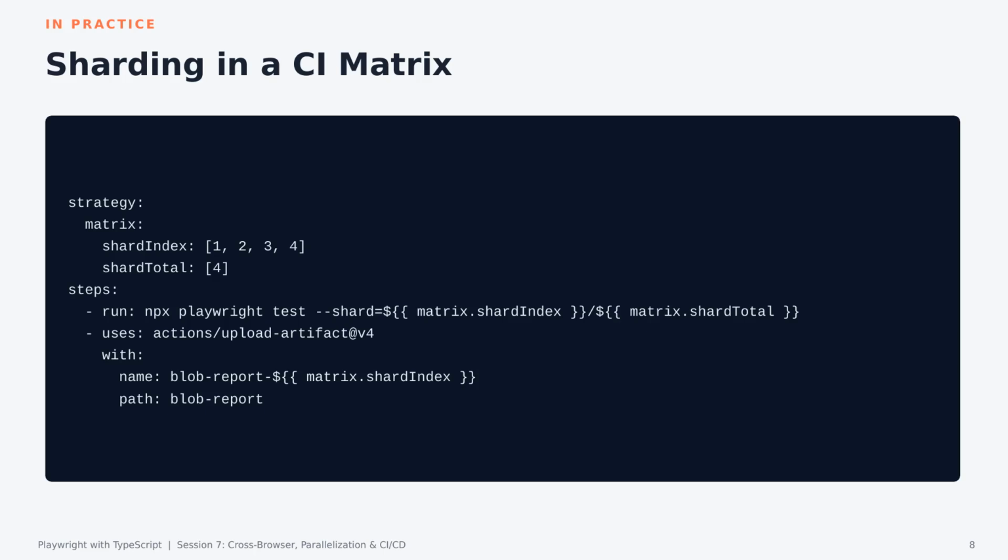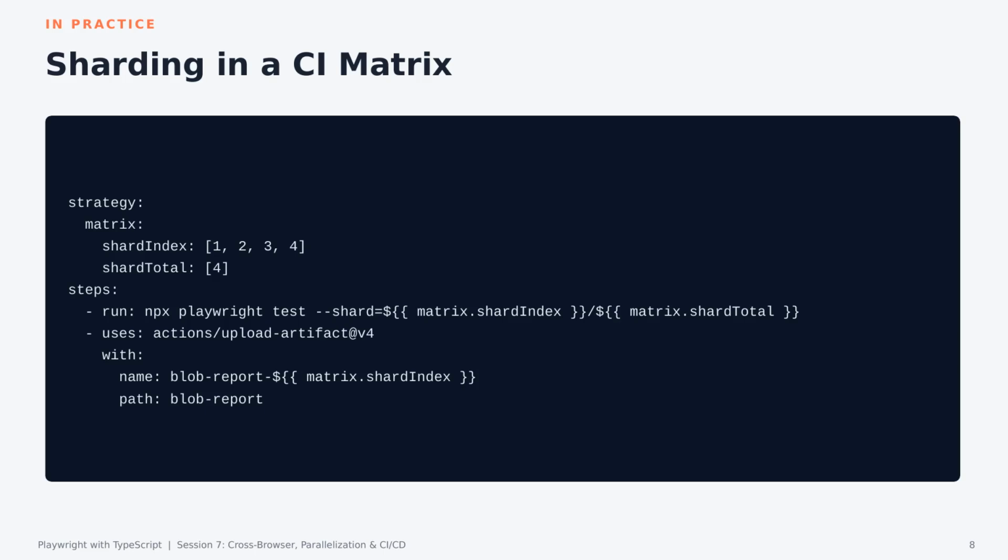Let's see how this actually looks in a real CI configuration. A strategy block with a matrix shardIndex set to 1, 2, 3, 4, and shardTotal set to 4. Then in the steps, run npx playwright test --shard=${{ matrix.shardIndex }}/${{ matrix.shardTotal }}. And then upload the blob report as an artifact named uniquely per shard index, so none of them overwrite each other.